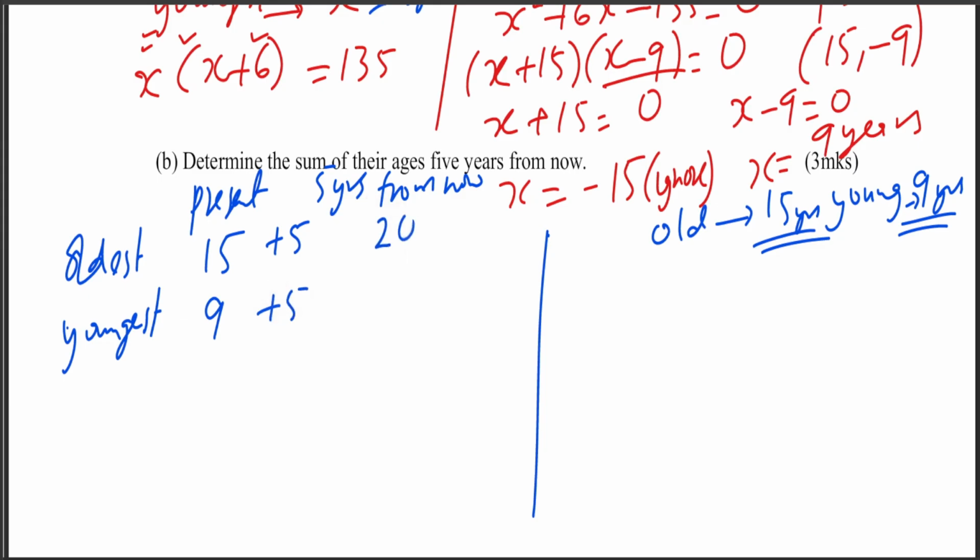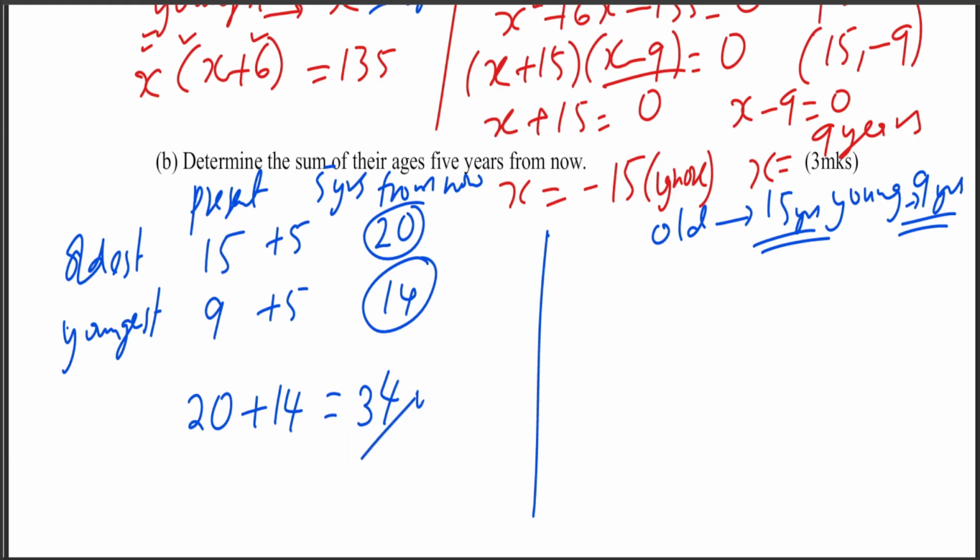The oldest will become 20, and 9 plus 5 is going to become 14. So umeuliza sum, 20 plus 14, their sum is going to be 34 years old.